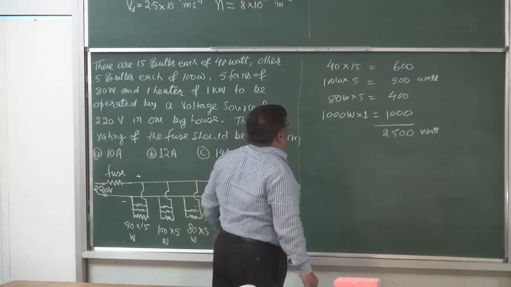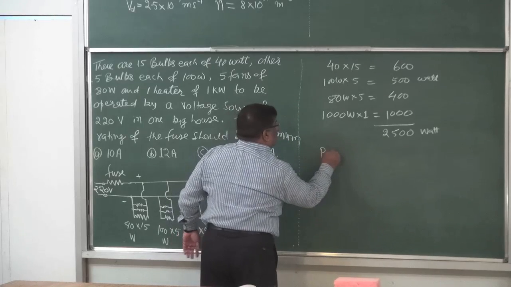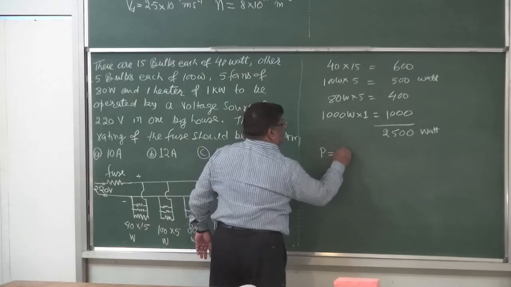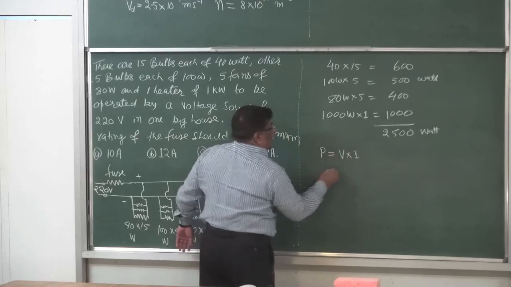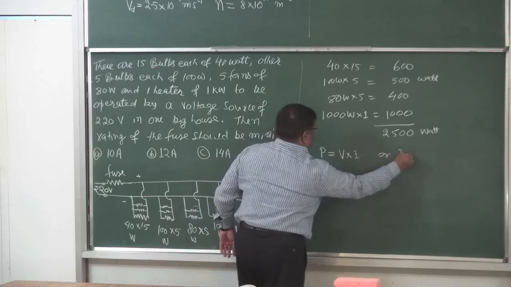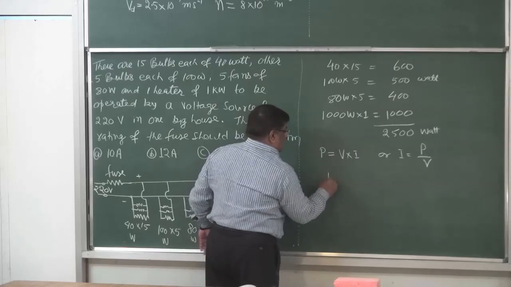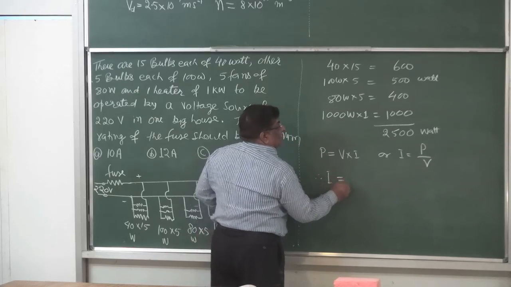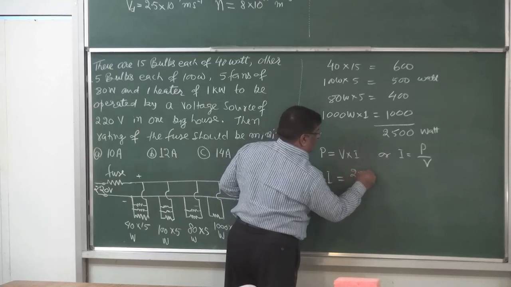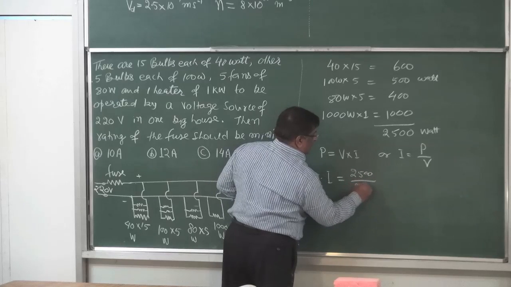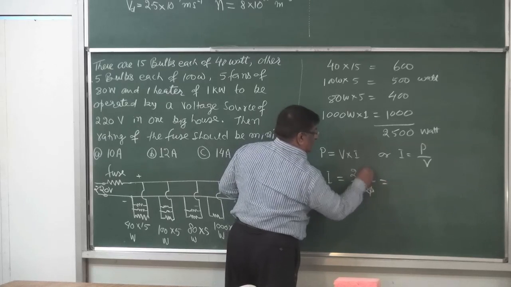Okay. Now we know the formula for power. Power is voltage into current, or current is equal to power upon voltage. Power is 2500 and voltage is 220. That is given to us.